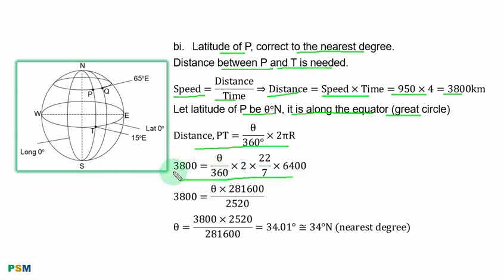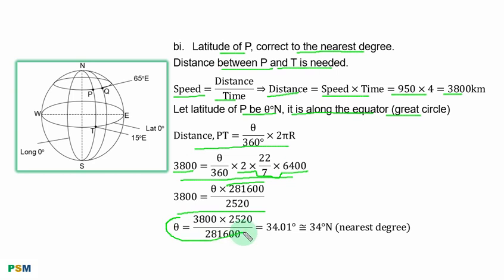Distance 3,800 is equal to the unknown latitude over 360 times 2 times pi times radius of the earth. If you simplify, you have these results. To get theta, multiply through by 2,520 and divide both sides by this value to make theta the subject.